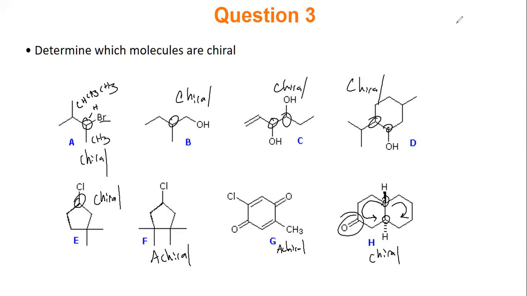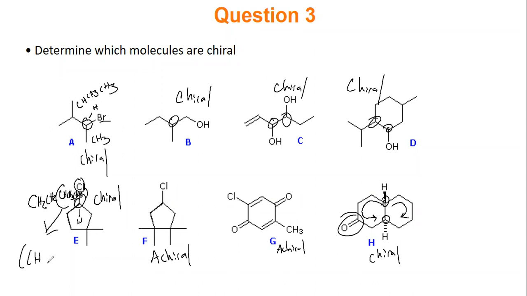The different groups on E, sure. So the one I circled, you have a hydrogen, then you have a chlorine. So coming off here, one direction, it goes CH2, CH2, then CH, CH3, CH3. Let me rewrite.